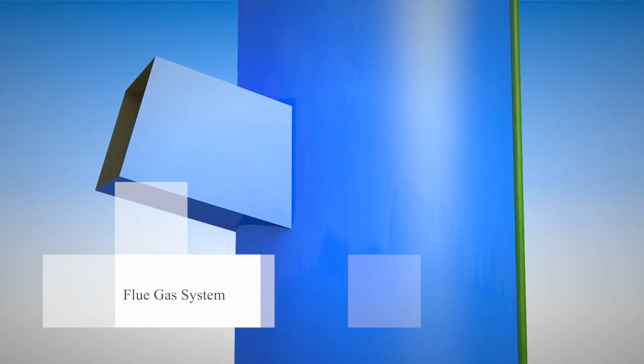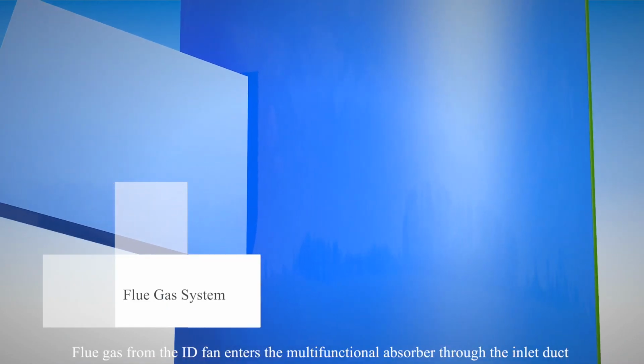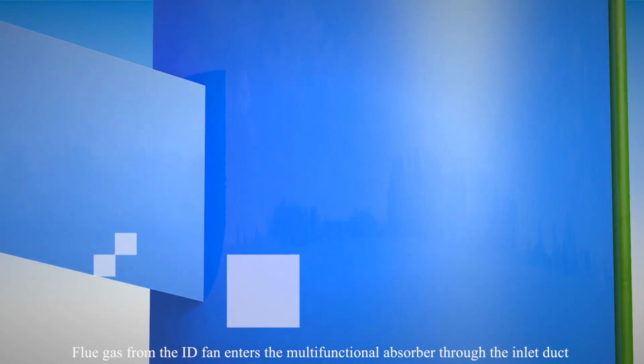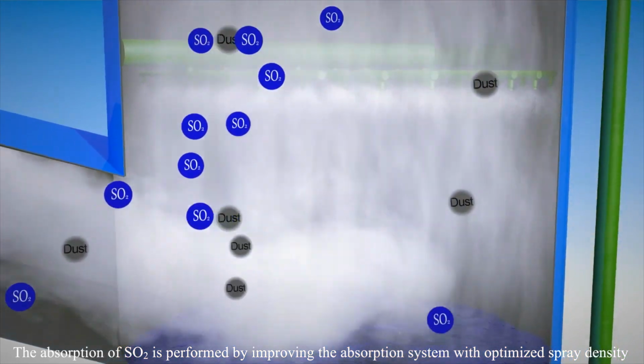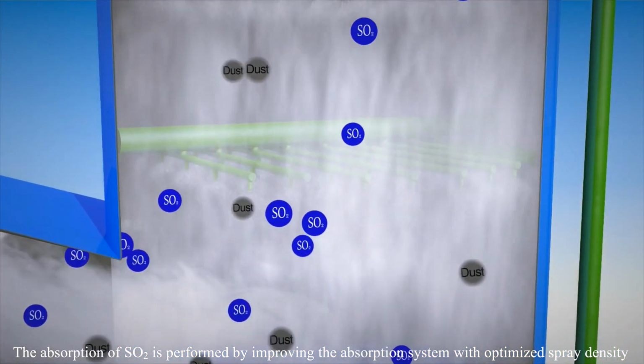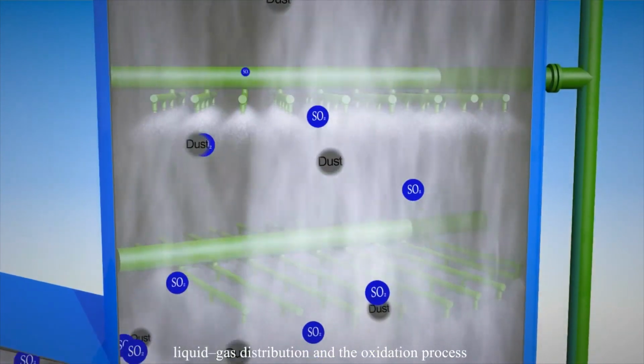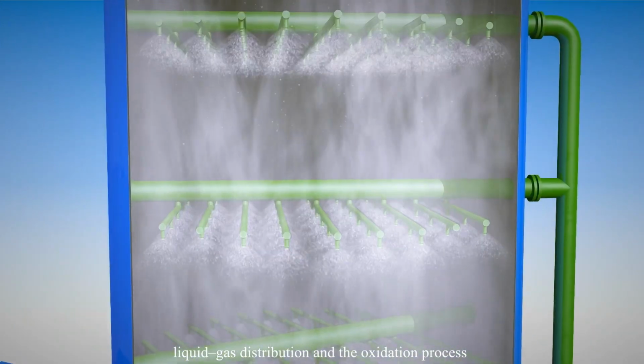Flue gas system. Flue gas from the ID fan enters the multifunctional absorber through the inlet duct. The absorption of sulfur dioxide is performed by improving the absorption system with optimized spray density, liquid gas distribution, and the oxidation process.